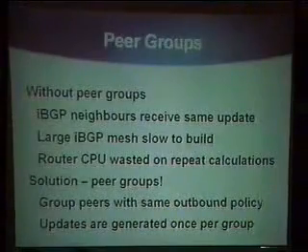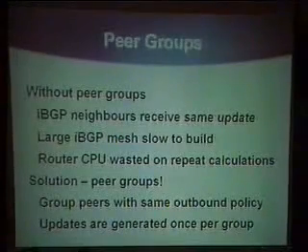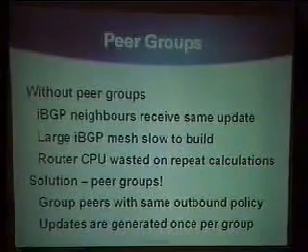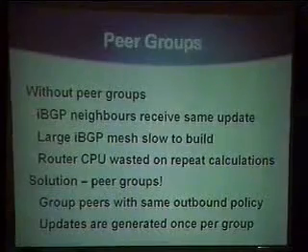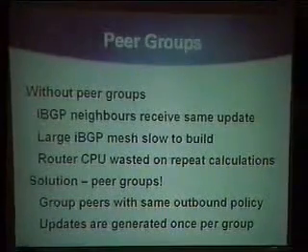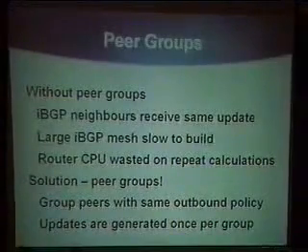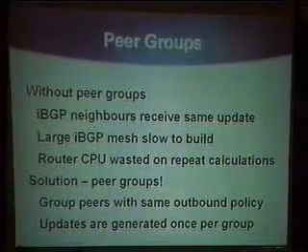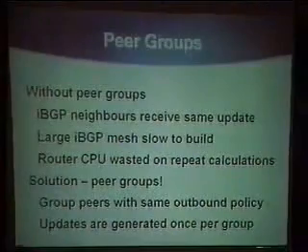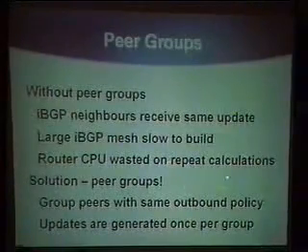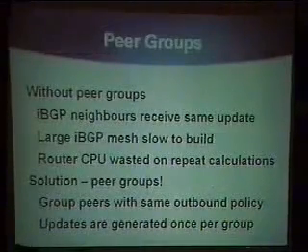Today it's probably not so much of an issue, but certainly when the Motorola processors were in the routers, we could see an iBGP mesh taking several minutes. 15, 20 minutes was not unusual in our network in the UK. So peer groups were certainly a lifesaver in that time, because you calculated the update that went to the iBGP neighbors and it was sent once. You don't waste the router CPU, and the iBGP mesh builds very, very quickly.